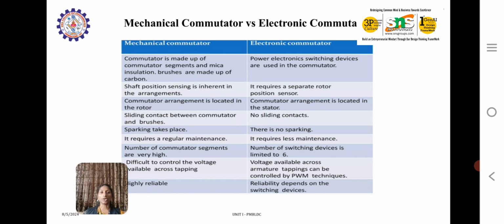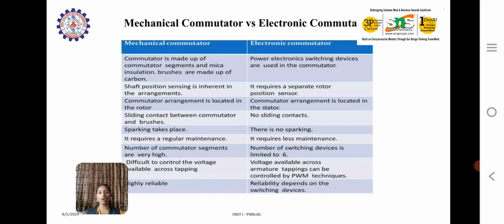It is difficult to control the voltage available across tapping in the mechanical case, whereas here there is no difficulty in controlling the voltage, since we have PWM techniques or vector pulse width modulation techniques. So we can use technology oriented methods to control the voltage. The mechanical commutator is highly reliable, whereas for electronic commutators the reliability depends on the switching devices.